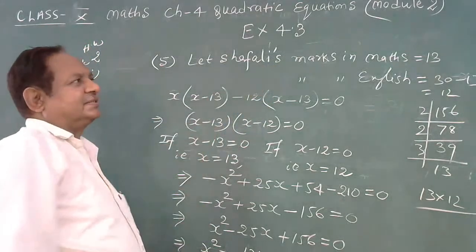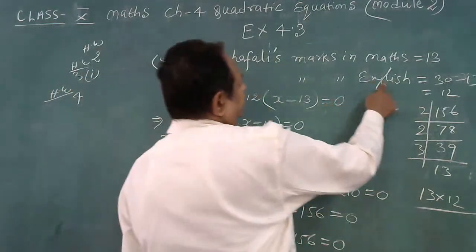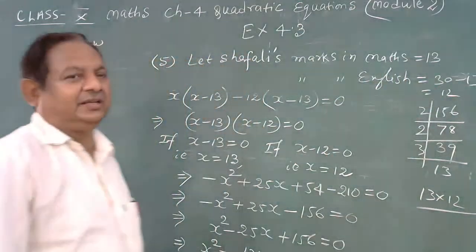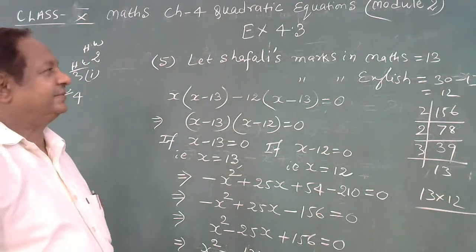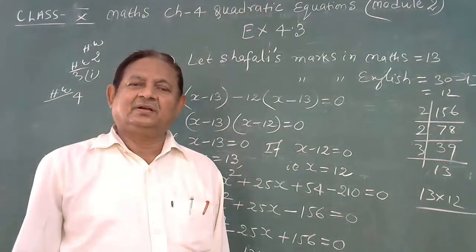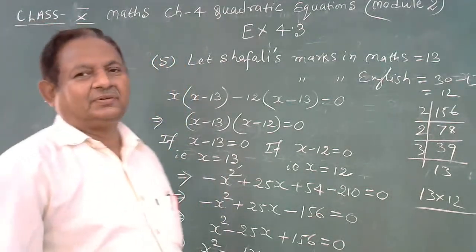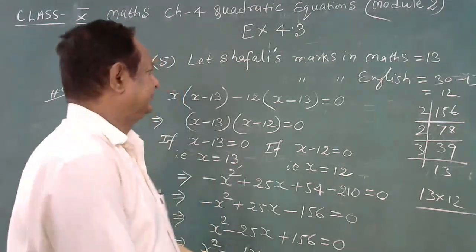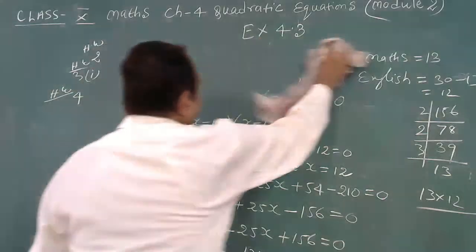If we take marks in maths 12, then marks in English will be 13. So both answers are correct. Marks in maths either 13 or 12, and marks in English similarly either 12 or 13. Question 6, you do yourself.